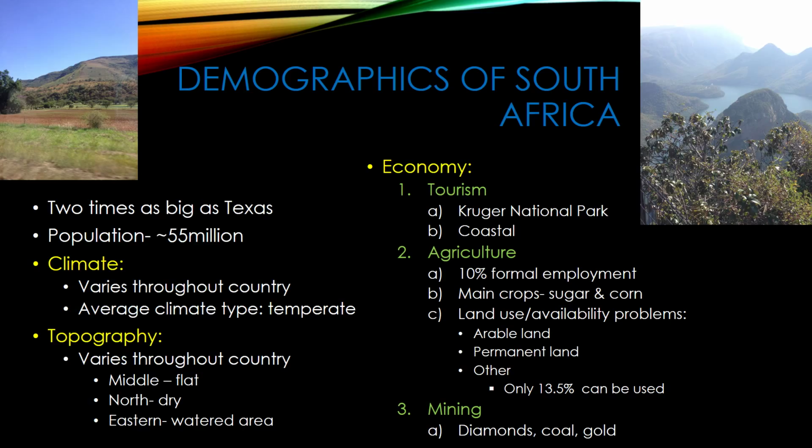So, of course, a lot of fertilizer and irrigation is going to be necessary for the other percentage of lands that they're trying to use for farming. The main crops are sugar and corn, and for mining it's going to be diamonds. They still consider that a crop. South Africa is the continent of Africa's largest producer of corn.